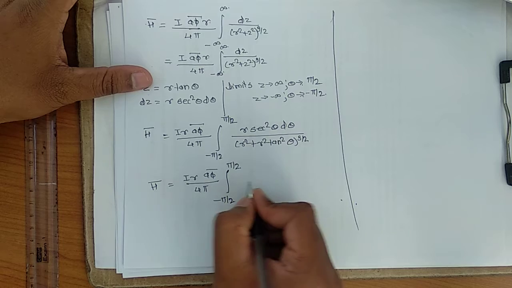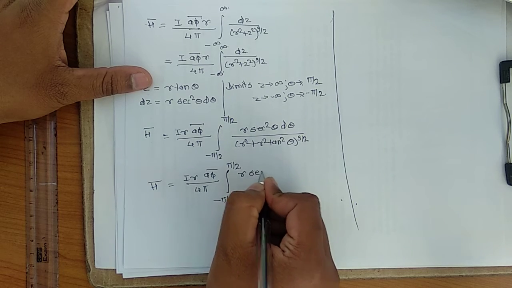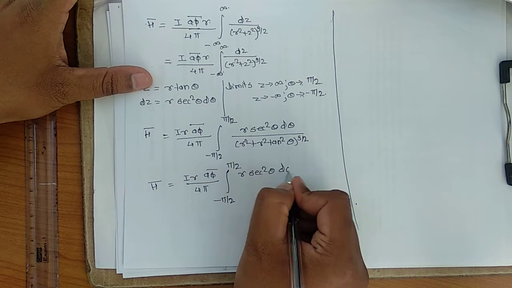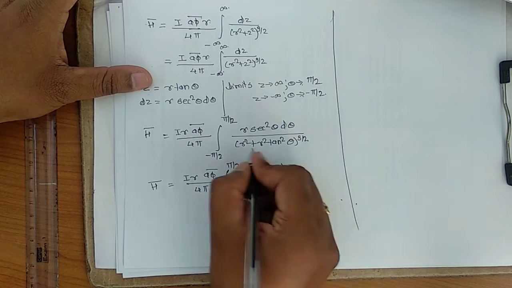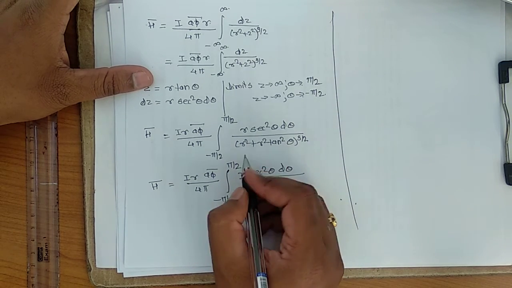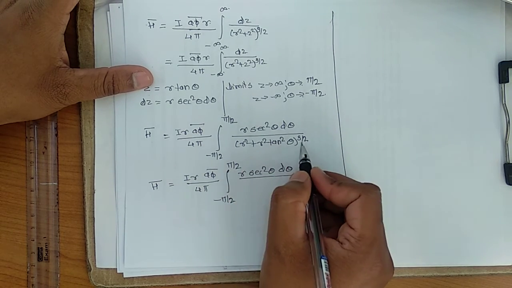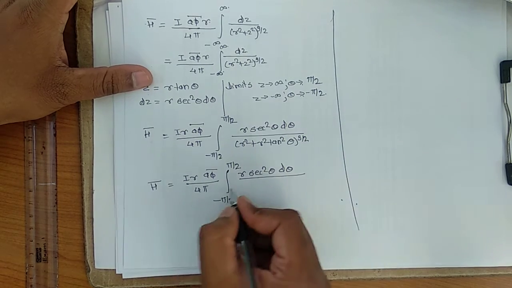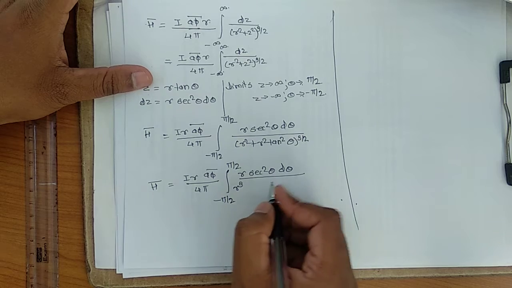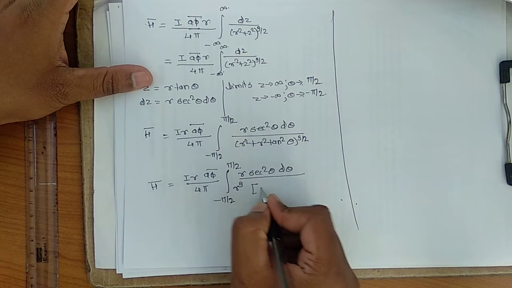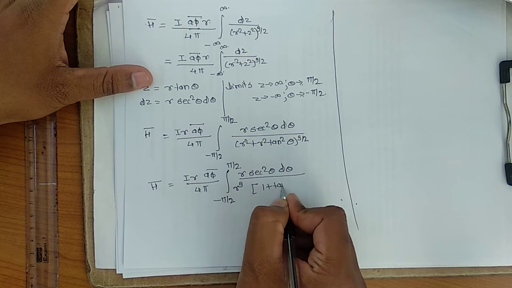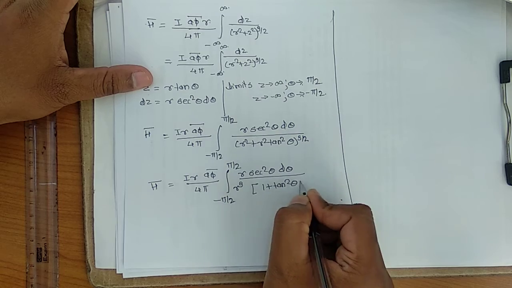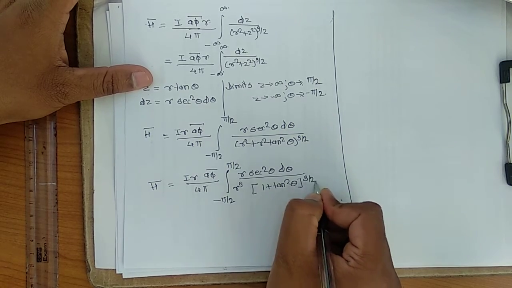Now we will simplify again. r sec² θ dθ. From here we can take r² common, and r² having the power 3/2, the 1/2 gets cancelled, so it will be r³. I hope you understand it. (1 + tan² θ) raised to 3/2.